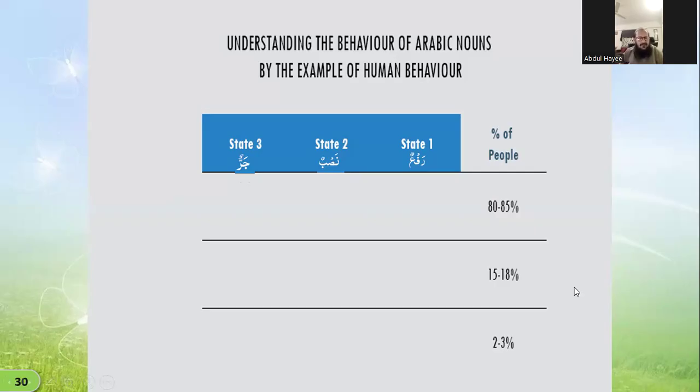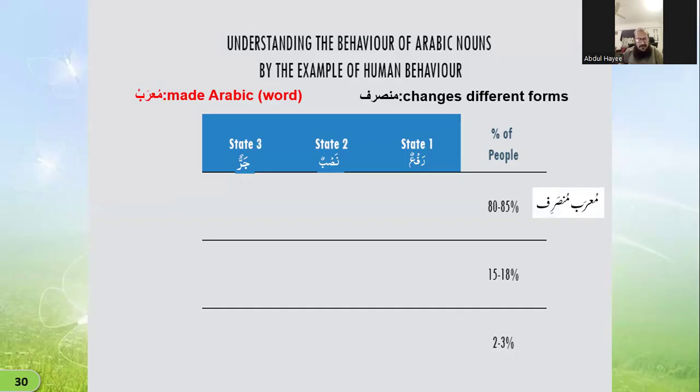Every ism will be in three states. 80 to 85% of nouns are in the first state, which is called Mu'arrab Munsarif. They have three states. When they are in Raf, they have a different shape; when they come in Nasb, a different shape; when they come in Jar, a different shape. Just like a well looked after person, not like poor people: when he's at home, he will have a different dress.